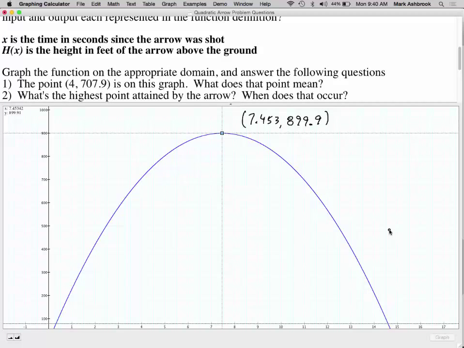Our output is height, 899.9 feet. The time at which that occurs is 7.453 seconds after the arrow was shot.